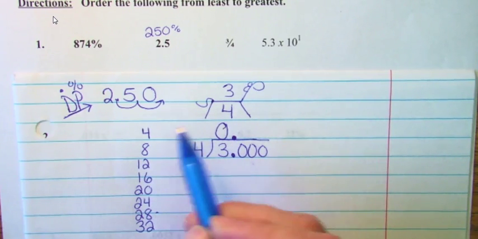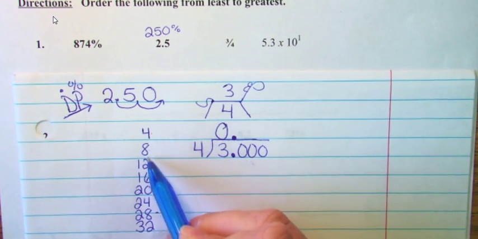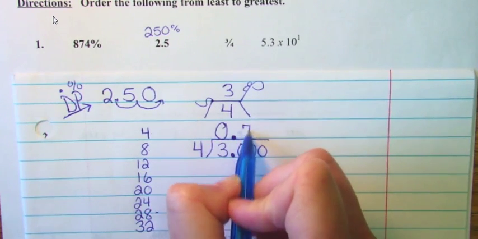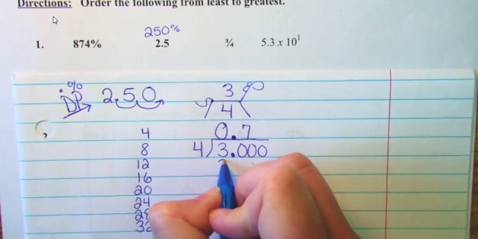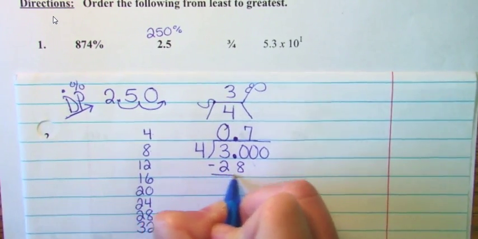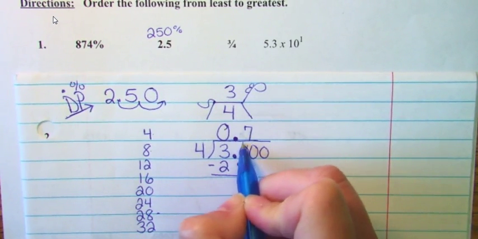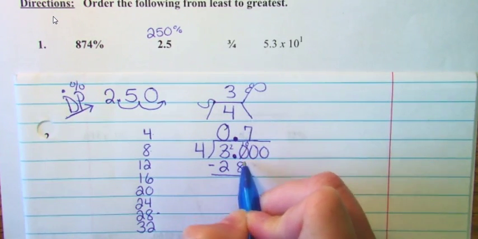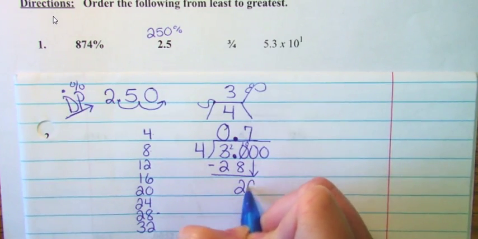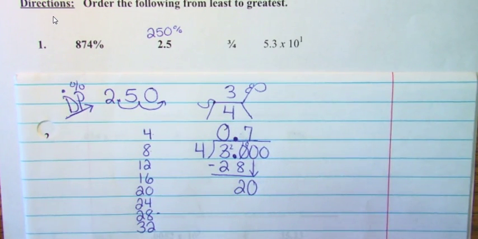So let's count how many groups that took. 1, 2, 3, 4, 5, 6, 7 groups. Because 7 times 4 is 28. Have to subtract. I can't do 0 minus 8, so I have to borrow. 10 minus 8 is 2. And then I bring down my 0.